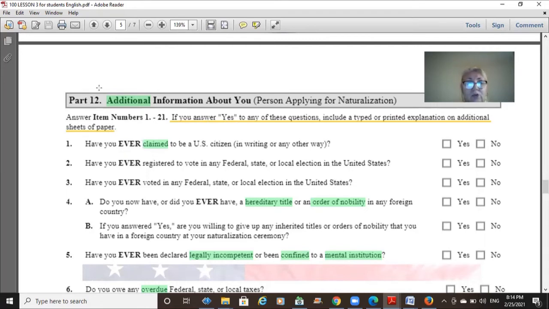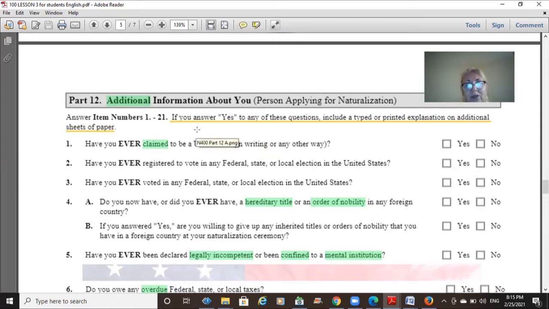Okay, so once again, part 12 is additional information about you. That is the part where the officers will try to see if you are going to make a good citizen. And they may ask you a lot of questions on this part.